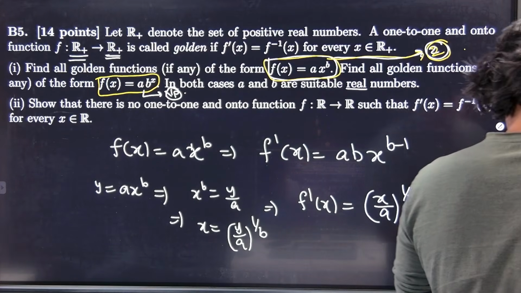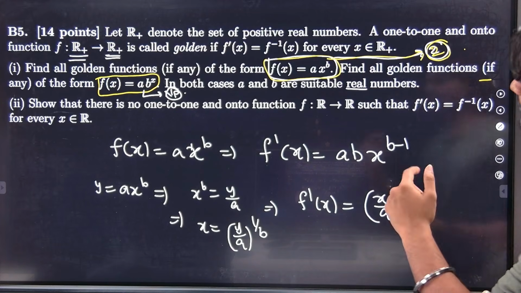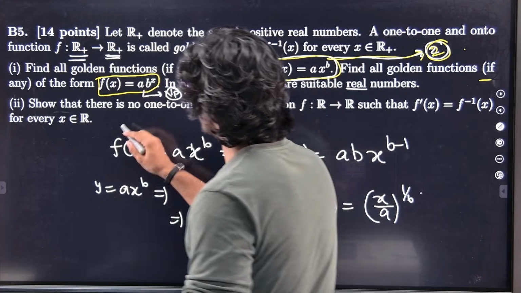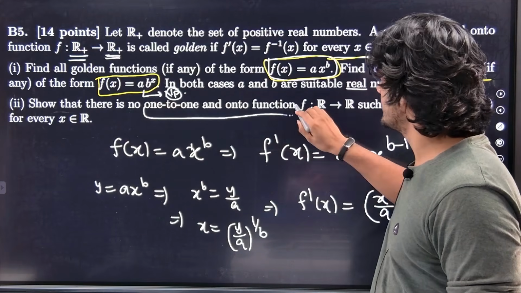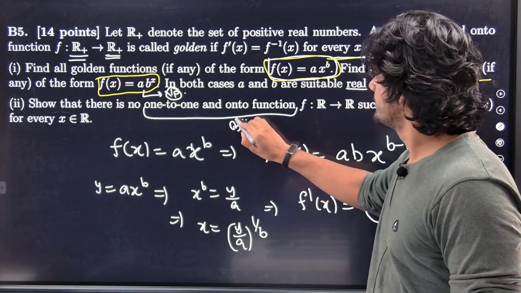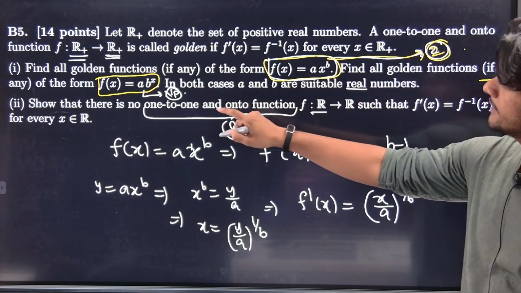Now, what can we do? Second one, we can solve the second one. Show that there is no one-to-one and onto function. I hope you know that this is called a bijective function, from the whole real line. I want you to notice the difference.